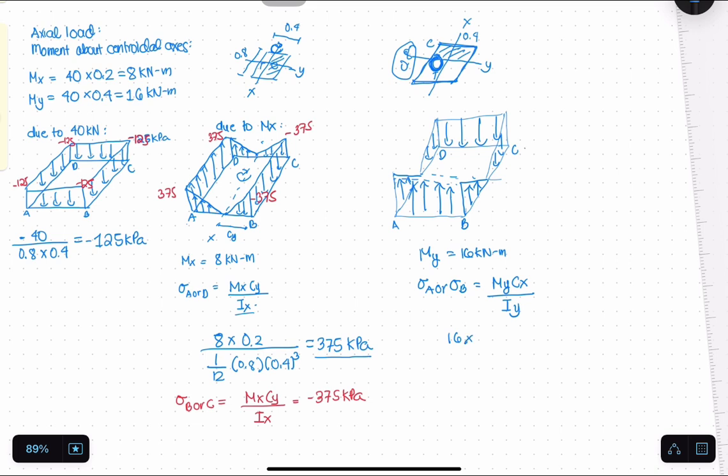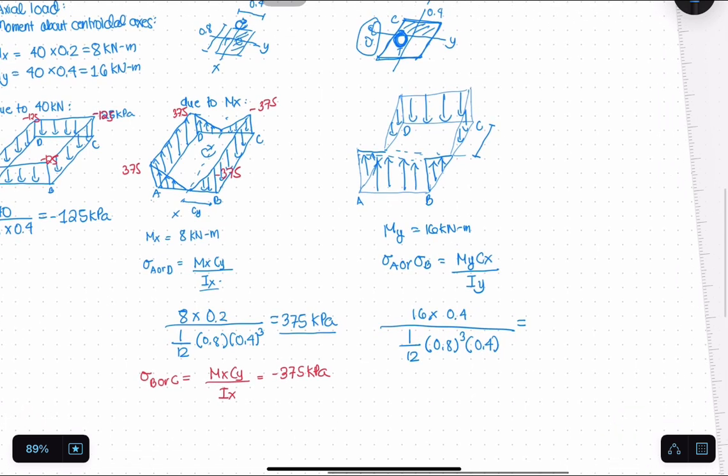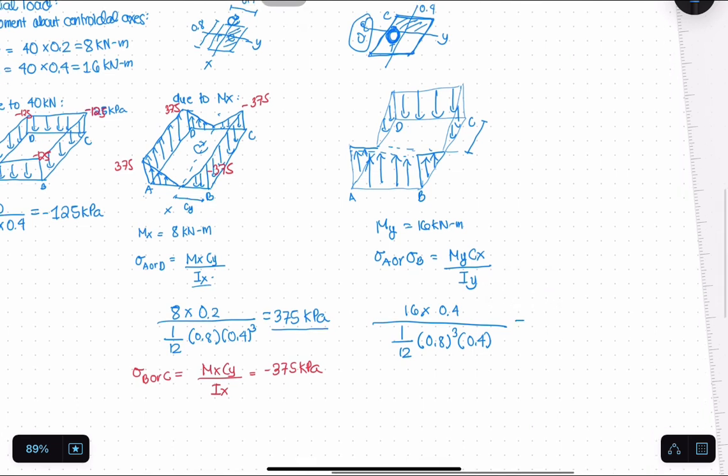Ang CX natin, ang value niyan is half ng 0.8. So, 0.4 over 1 over 12 times, ang ma-cube na is yung 0.8. So, 0.8 cube times 0.4. That is equals to what? Ayaw naman yung isolve.